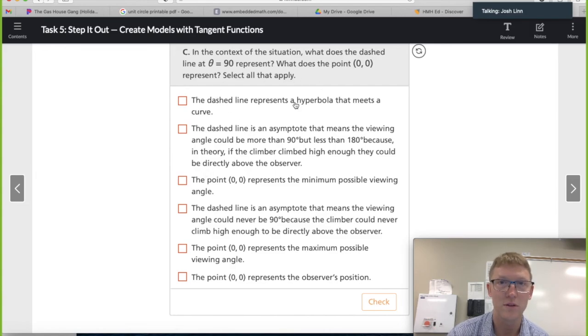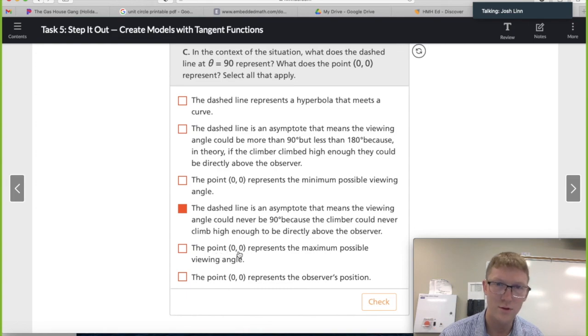Oh, and what does the point 0,0 mean? Represents the minimal possible view? No. So that I will agree with: the dashed line is an asymptote that could never be 90 degrees because the climber could never climb high enough to be directly above the observer.